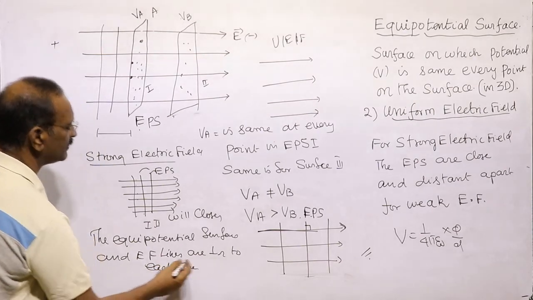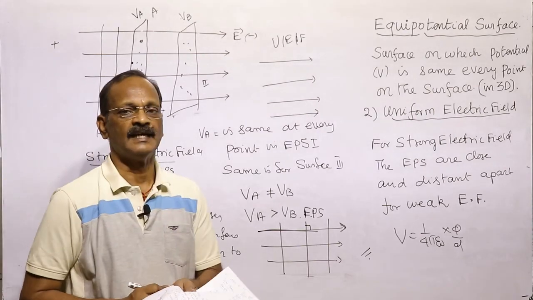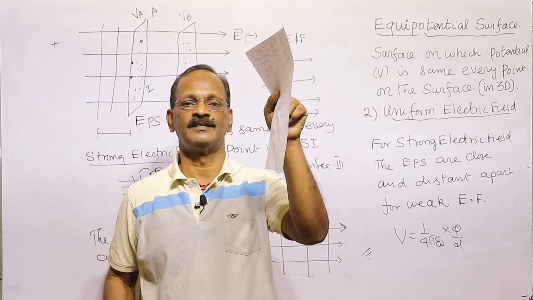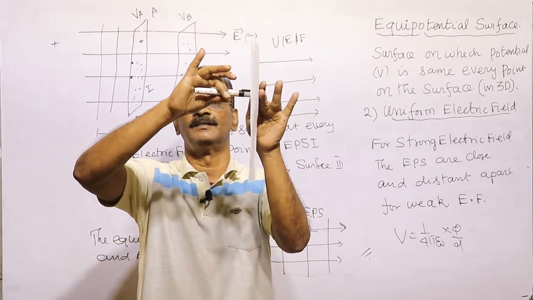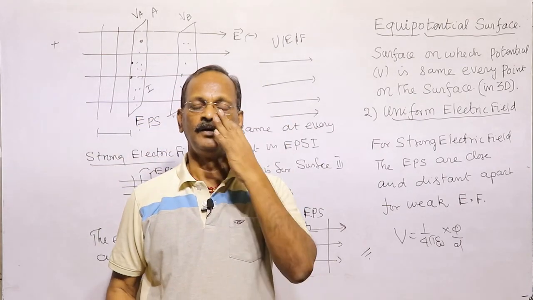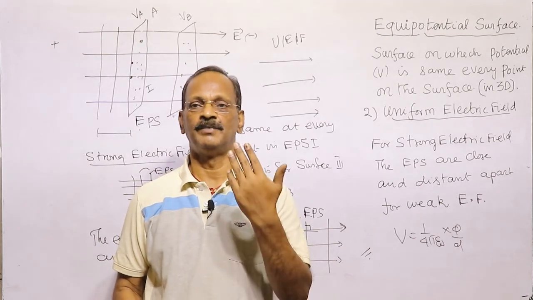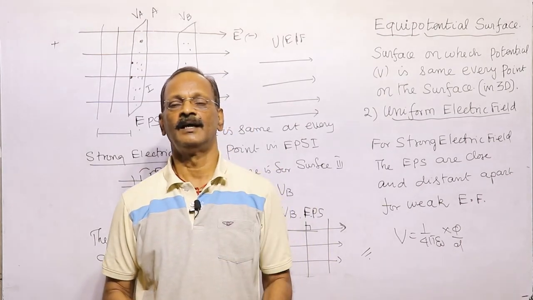It means what? If it is perpendicular to each other, the electric field is this way, and the equipotential surface will be perpendicular to it. It means it is very simple. The equipotential surface is at 90 degrees, perpendicular or normal to the electric field.